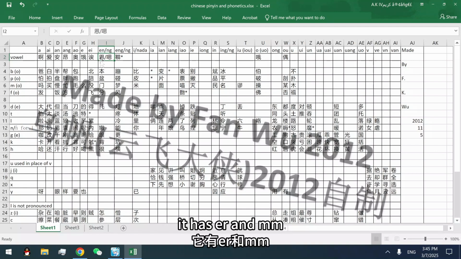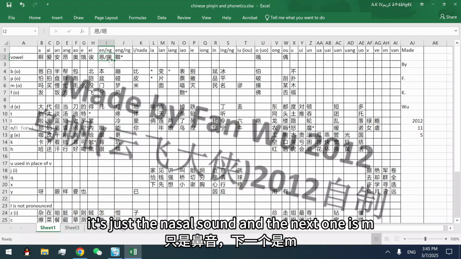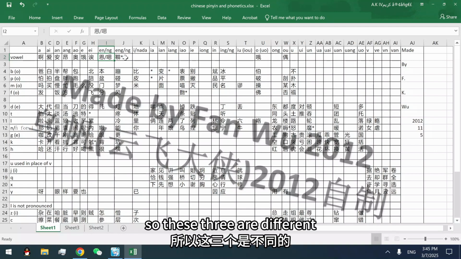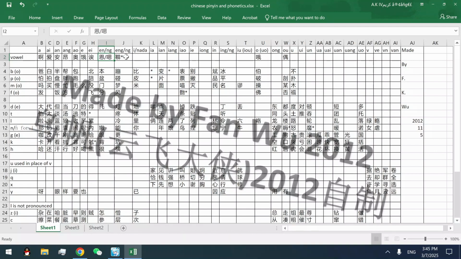N, it has e and n plus becomes en. Next we have ng, it's just the nasal sound. And the next one is eng. Yeah, so these three are different.